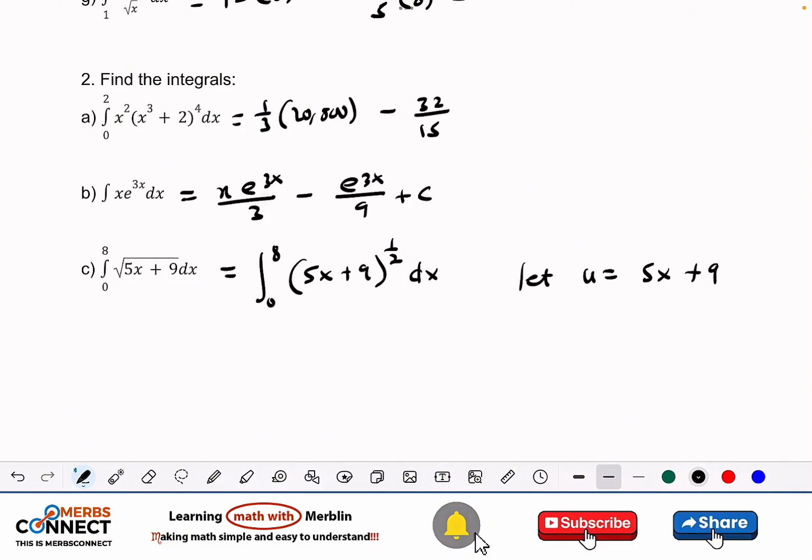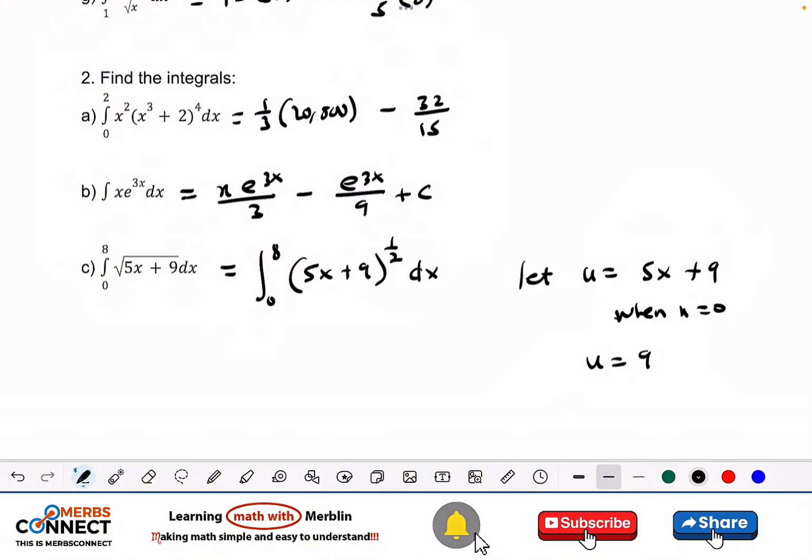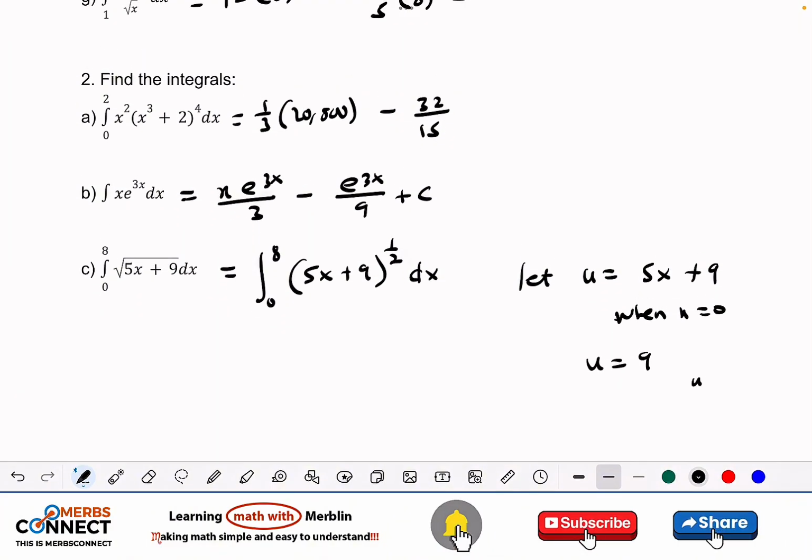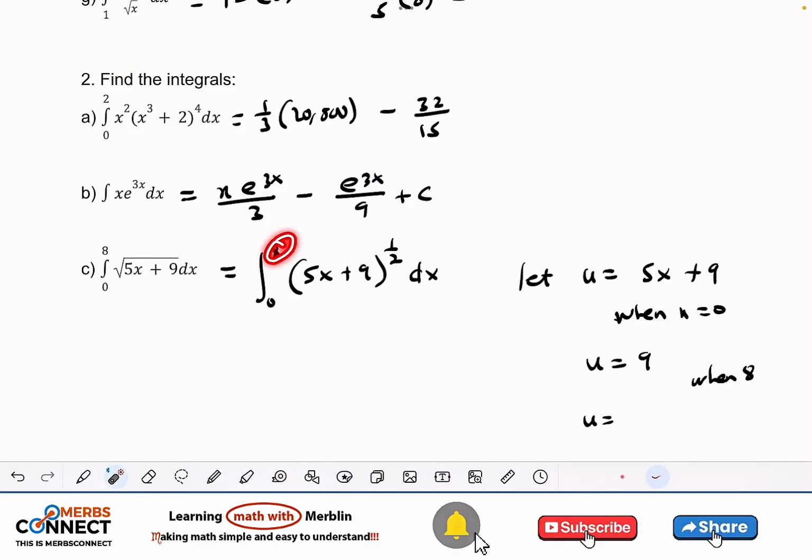Right. So now I need to change the limits too. Anytime you are doing integration by substitution, you need to change the limits as well. So when x is 0, what are we going to get for u? 9, right? And when x is 8, 8 times 5 is 40 plus 9 is going to give us 49.